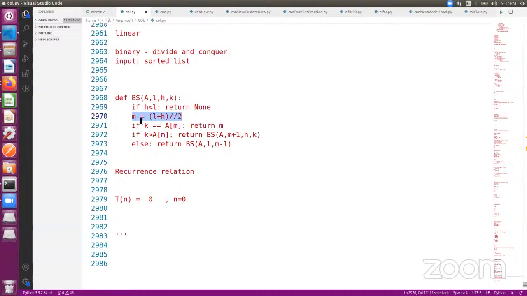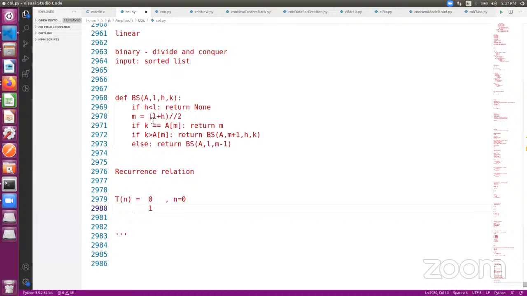Finding the mid element is constant time, right? We're just doing an addition and then a division, so two operations are happening. It will take a constant amount of time, so let us write 1, which means 1 unit of time. A constant can be represented using 1 or C. For simplicity, let us write it as 1 itself.